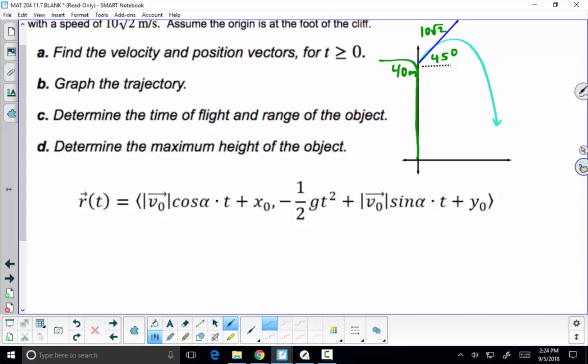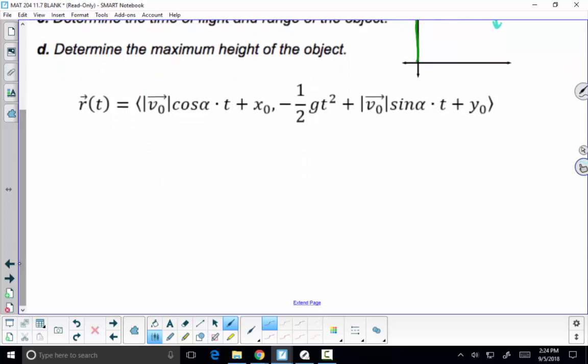I just copied that over here so we didn't have to rewrite it a million times. Our position is going to be 10 root 2 times cosine of the angle, which is root 2 over 2, multiplied by t, plus x sub 0, which is 0. We're using the y value at 40, but the x value at 0. We're in meters, so gravity should be 9.8, so that's 4.9 times t squared.